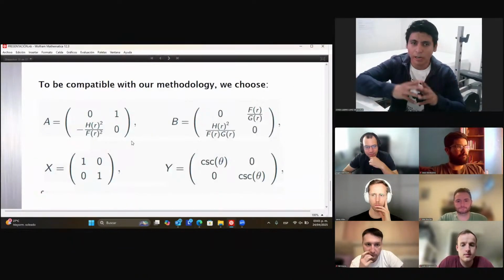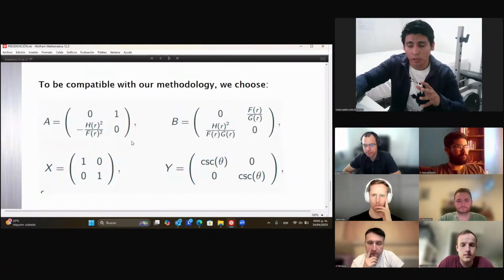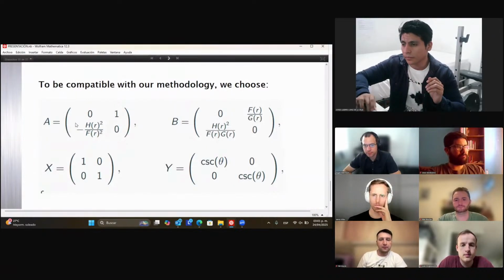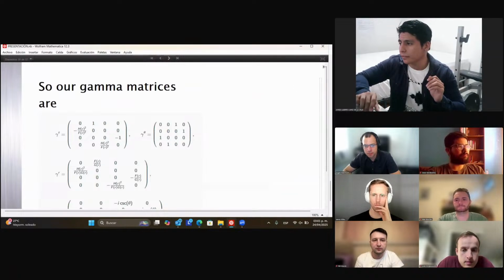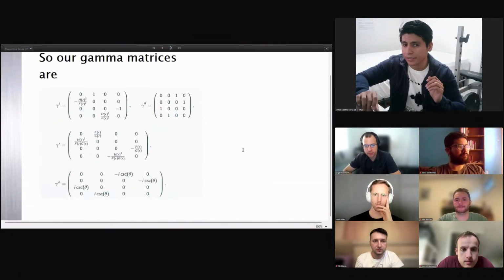So I propose this for the 2 by 2 blocks. This A and B form a Clifford algebra, and here X and Y are diagonal matrices. And with this, we can build these 4 gamma matrices.